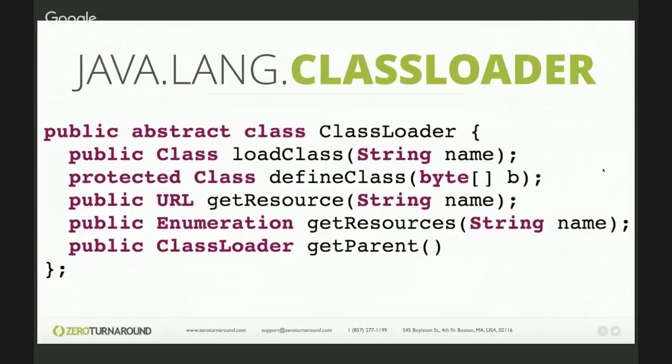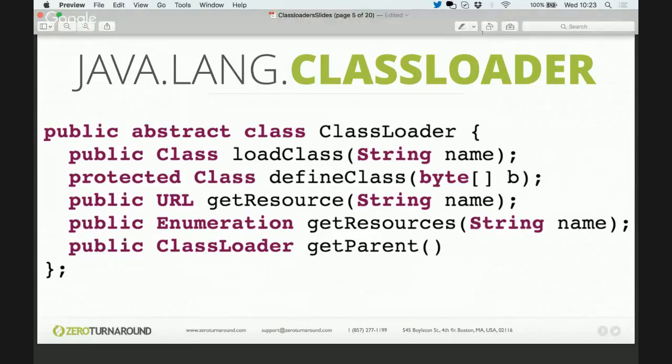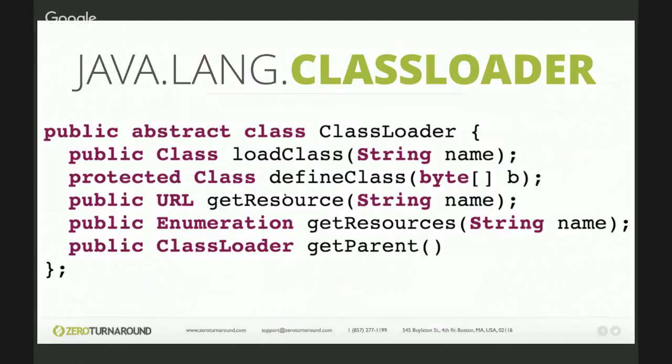But this is the base class, and there are a number of methods on here which tend to get used very commonly. Let me show you them. Let me grab a highlighter. So loadClass is the most important method. This is the method which everyone will call. If you're going to use a class loader, this is the method you use. Typically you pass in a string, which is your package name and your class name, and you will get an instance of Class back.